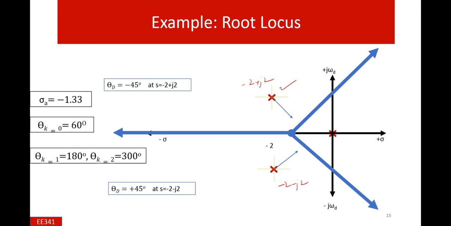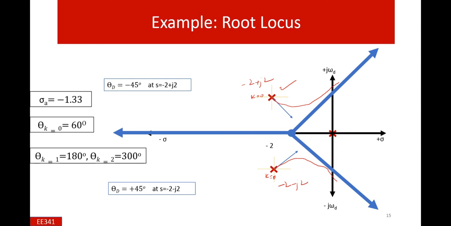So the root locus is starting from here where k is 0, again starting from the open loop pole at k equals 0. These are two complex poles, and then they follow the asymptotic lines, and similarly starting with this angle and drawing freehand.